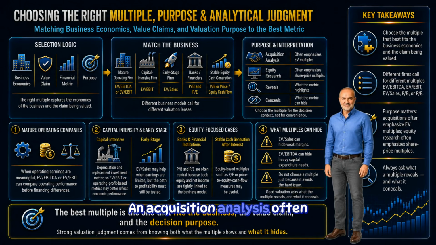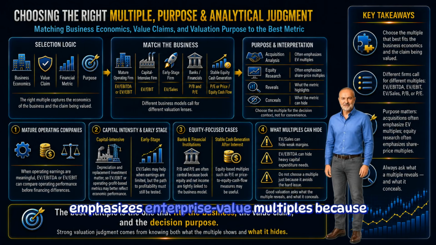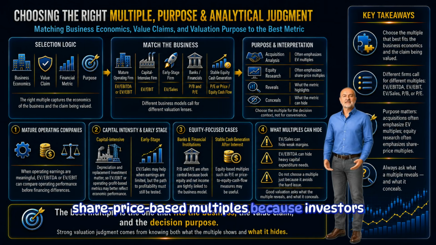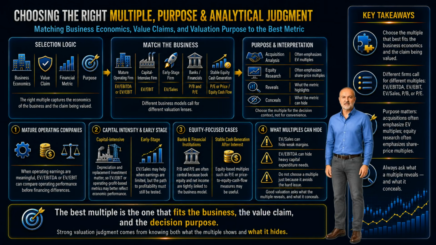An acquisition analysis often emphasizes enterprise value multiples because the buyer is valuing the operating business regardless of the target's existing capital structure. Equity research may emphasize share price-based multiples because investors are evaluating the common stock. The warning is simple. Do not choose a multiple just because it avoids the hard issue.